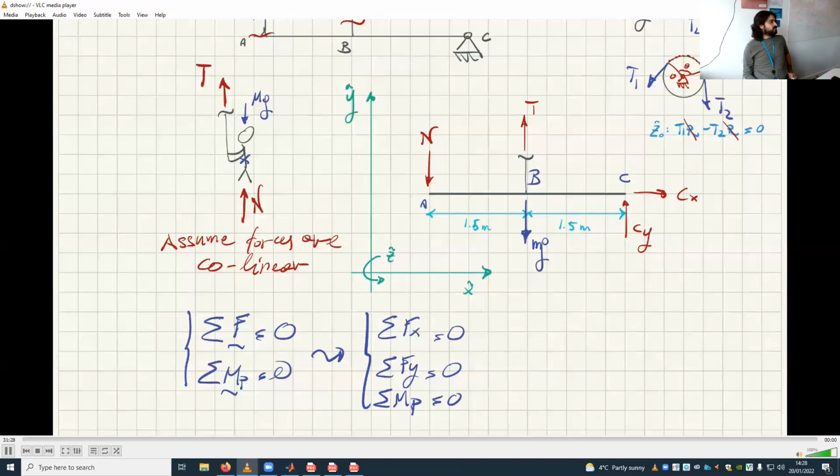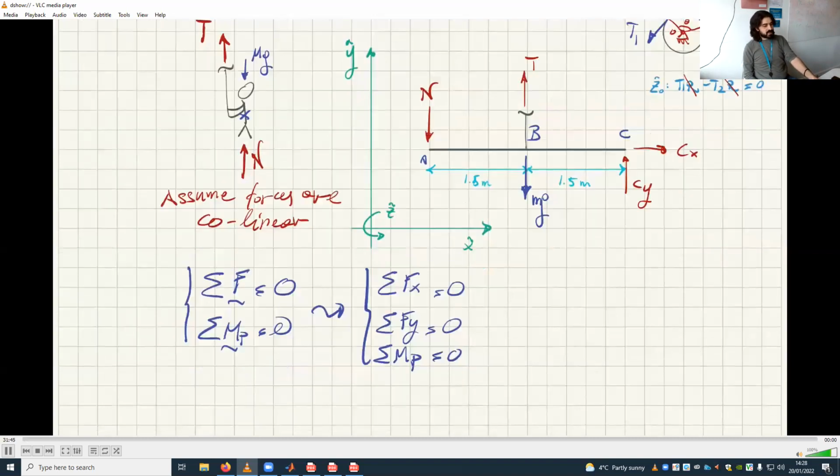Well, first, it's hard to do it with more unknowns and fewer equations, but would we not take moments about C since there are 2 unknowns there? That is correct. The best way of choosing this point is to find the point where you have the most unknowns.